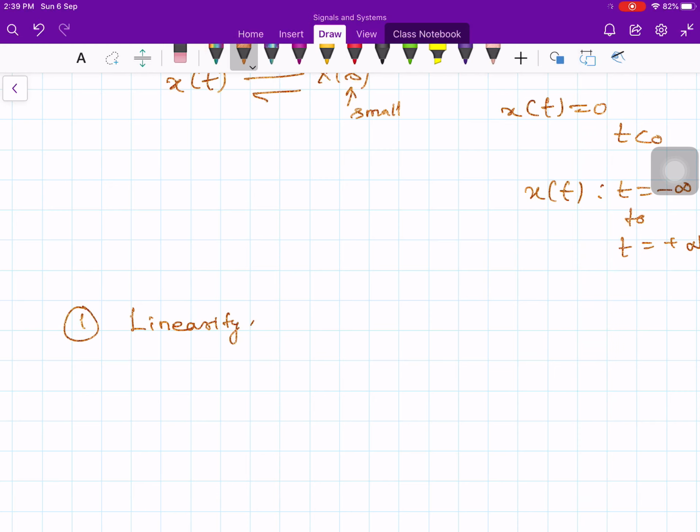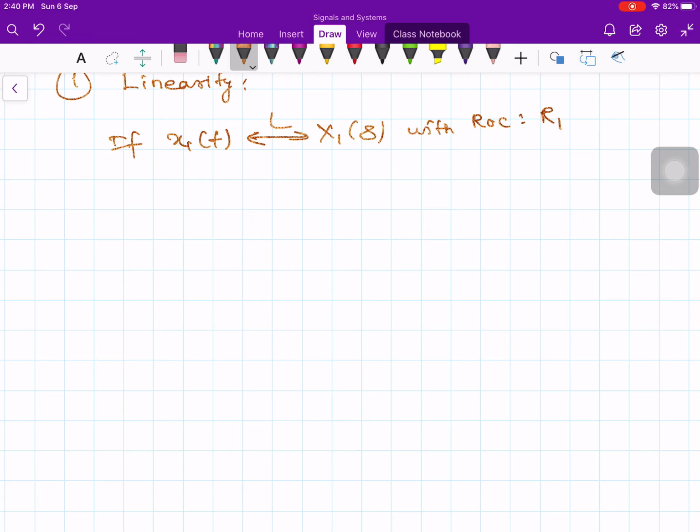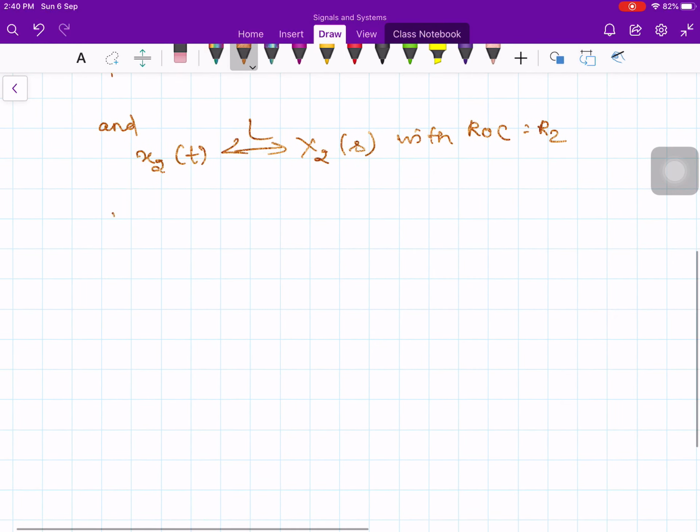The linearity property says if x1 of t has Laplace transform X1 of s with region of convergence R1, and x2 of t has Laplace transform X2 of s with region of convergence R2, then you take the linear combination a times x1 of t plus b times x2 of t.